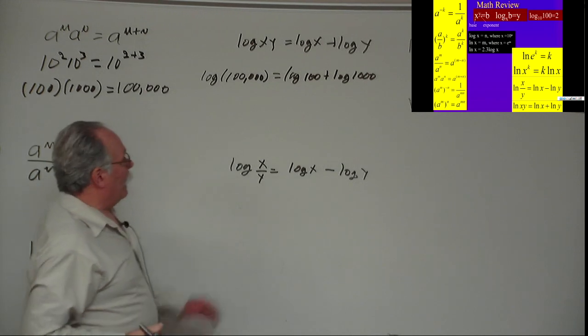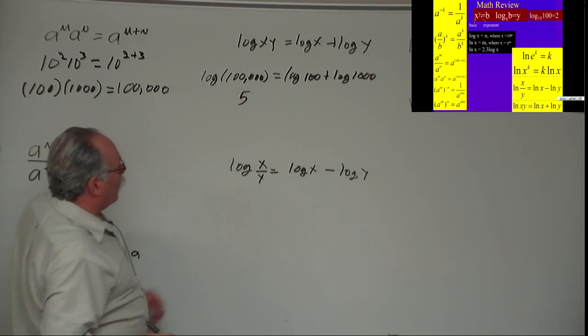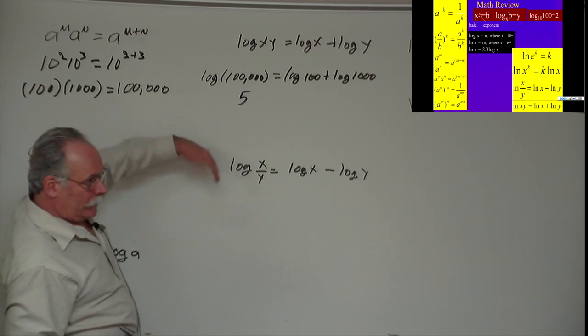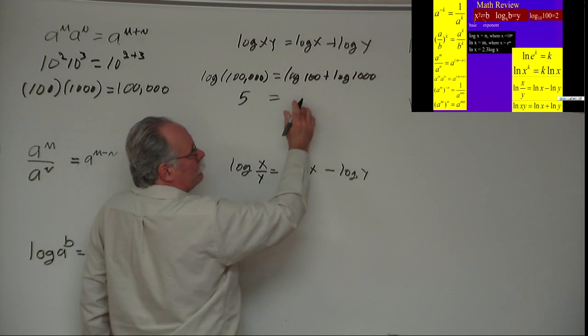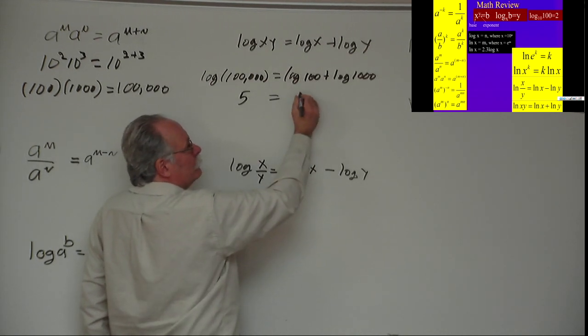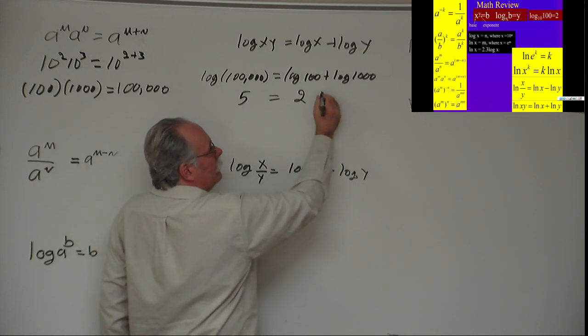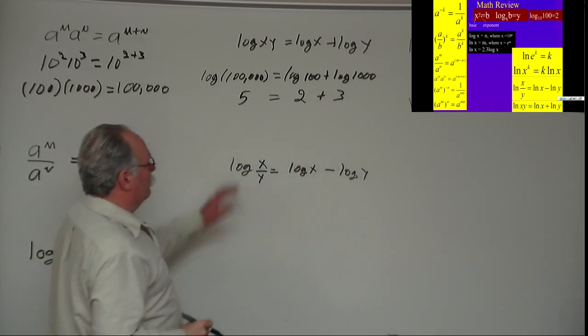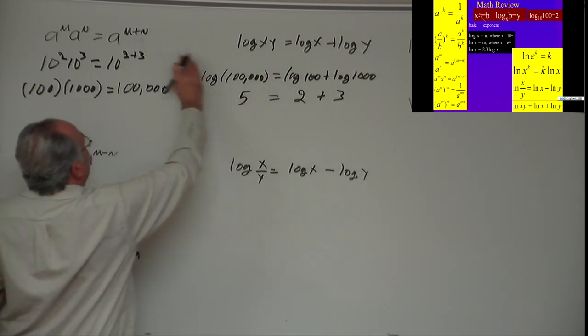Now, 10 to what power is 100,000? Well, that's 10 to the 5th. So the log of 100,000 is 5. 10 to what power equals a number. Here I have 10 to the power of 2 is 100, so the log is 2. And 10 to the power of 3 is 1,000, and lo and behold, 5 is 2 plus 3. Okay? So hopefully you can see that this is not magic and it's based on this.